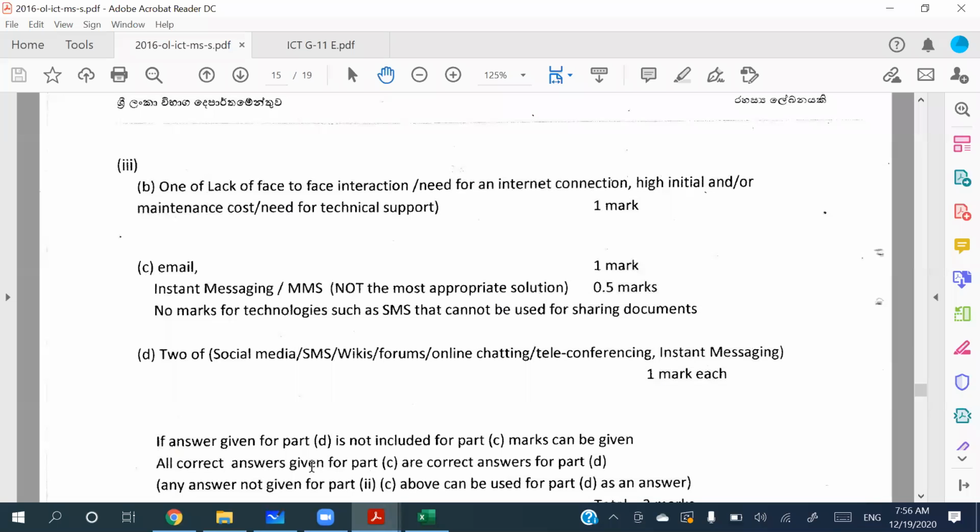As they say, social media, SMS, wikis, that means one of the Wikipedia products, and forums, online chatting, teleconferencing, instant messaging. You can give many different answers. The only thing that should be satisfied is that you should have a communication method to communicate with each other without meeting face to face, right? So it would give you the marks.